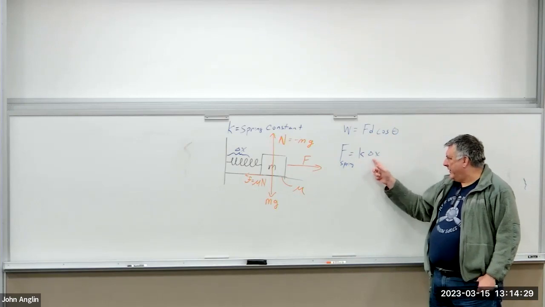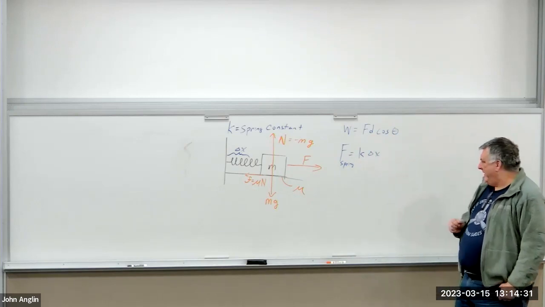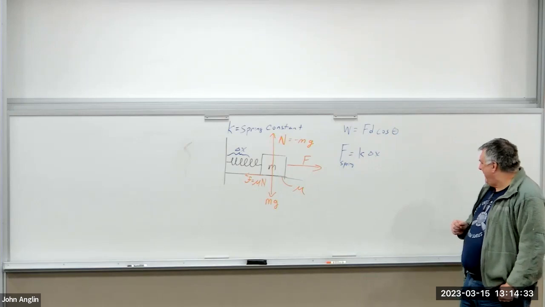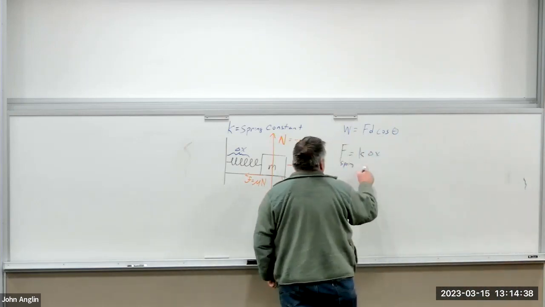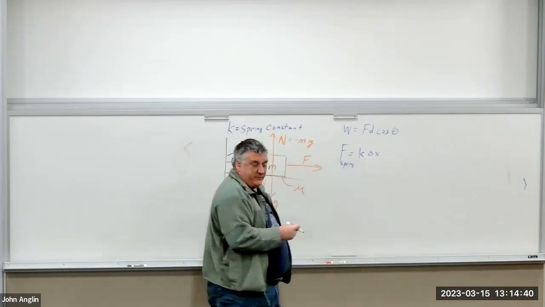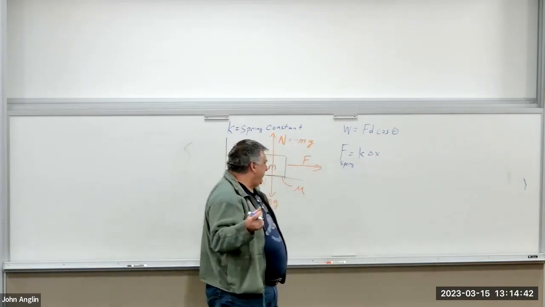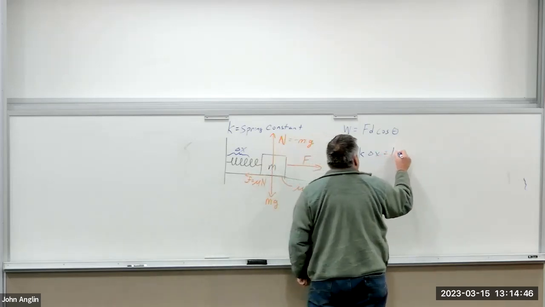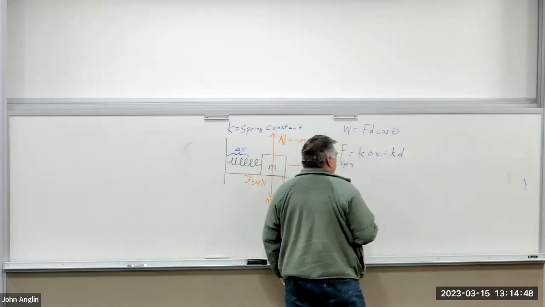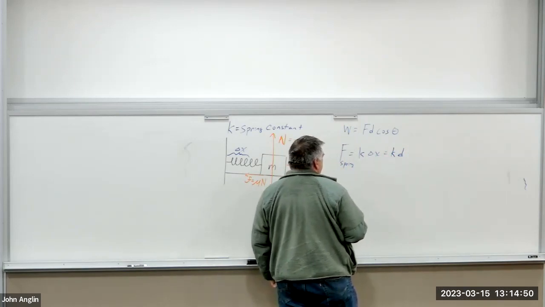This looks real similar to F D, right? In fact, we can rearrange this. Delta X is a displacement. That is a distance, right? So this is the same thing as K D, if you like.